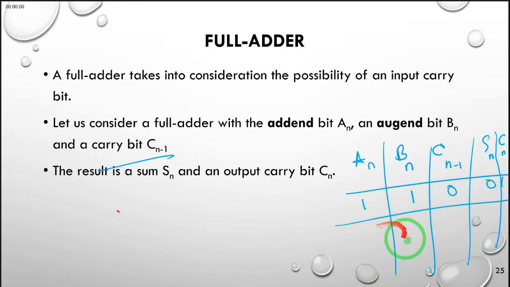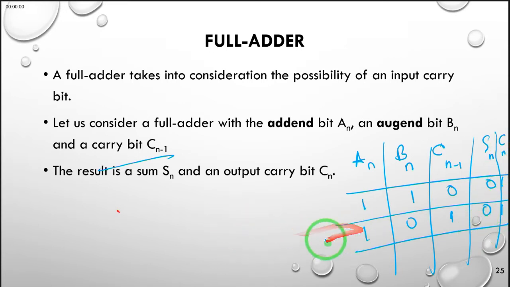Again, assume now we have a carry that we have carried here. This Cn will now become our Cn minus 1 here, and assume we have another 1, 0 we want to add. This plus this becomes our sum, which is 0, carry 1, and our carry 1 becomes right here.